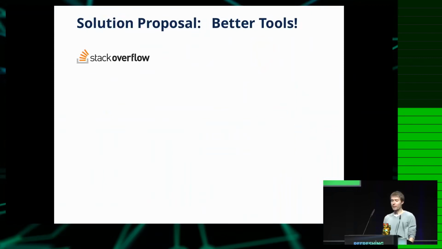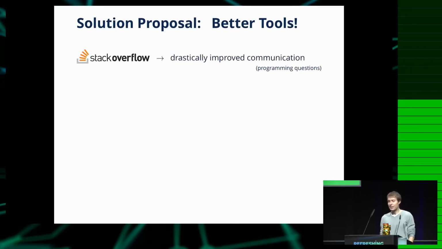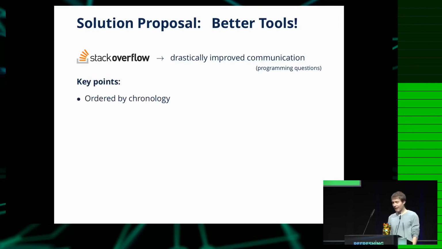And this is motivated by the difference between a usual forum and this platform Stack Overflow, which you probably know. I think this drastically improved the communication, at least for this one use case, programming questions. And I know there are other very similar platforms for other topics, but I think we need something for regular discussions.